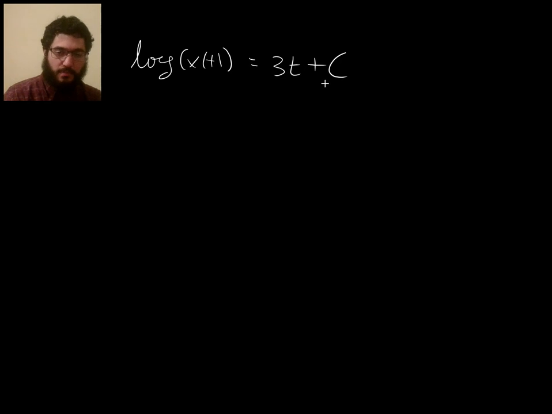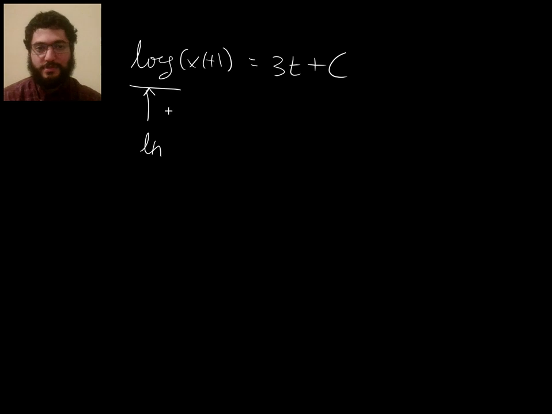Now, our goal was to get x of t, so let's exponentiate both sides. By the way, whenever I write log like this, that's the same as ln. It's the natural logarithm. So log is not like the log on your calculator, which sometimes refers to log base 10.